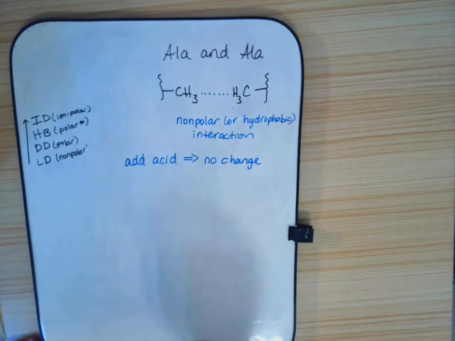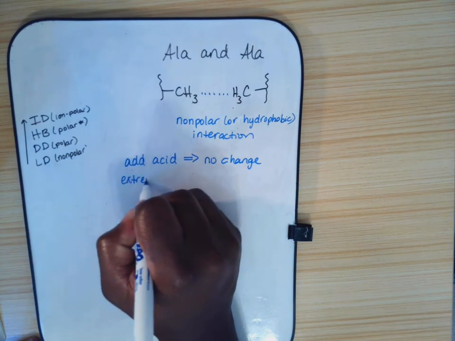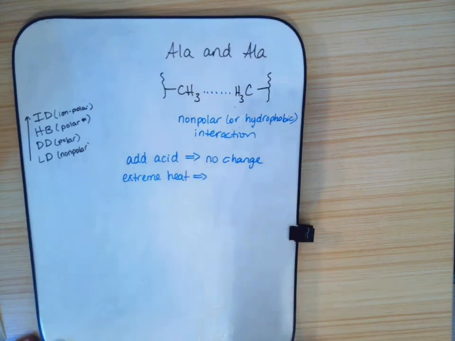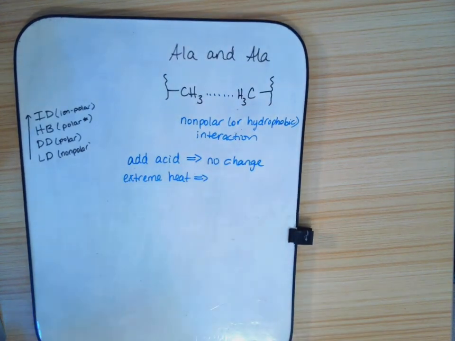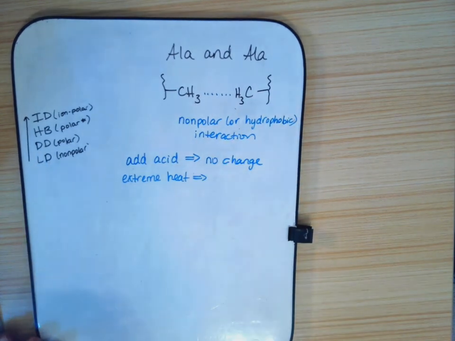Let's say I decided to increase the heat. So I'm going to say extreme heat. Remember, heat is a form of energy. These nonpolar interactions are basically the London dispersion. They're the weakest. They don't require as much energy as the others to be disrupted.